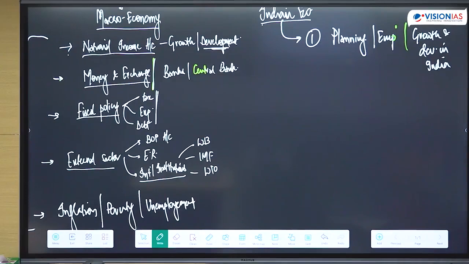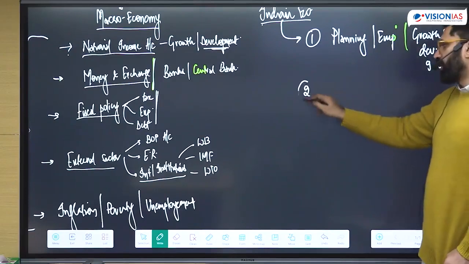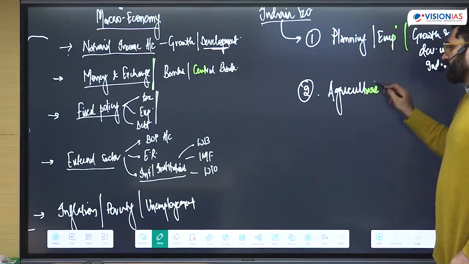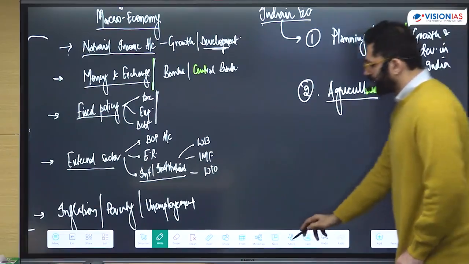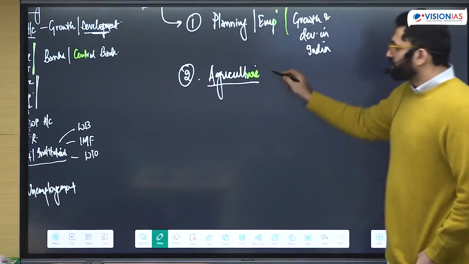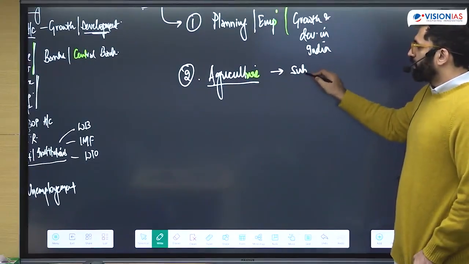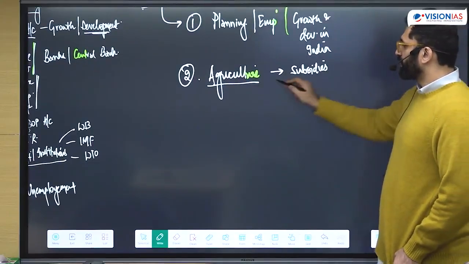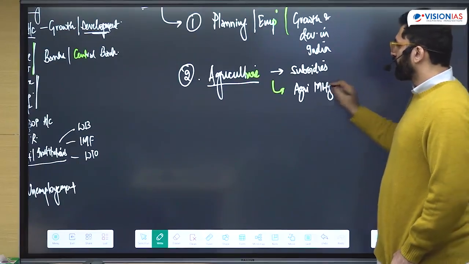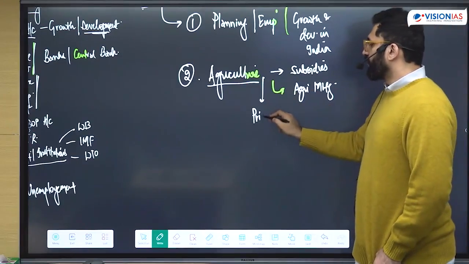Another very important part which they ask in mains, also part of prelims, is the topic of agriculture. Prelims also has significant weightage given to this topic. In agriculture, what they can ask is the subsidies in agriculture, agriculture marketing, price policy.